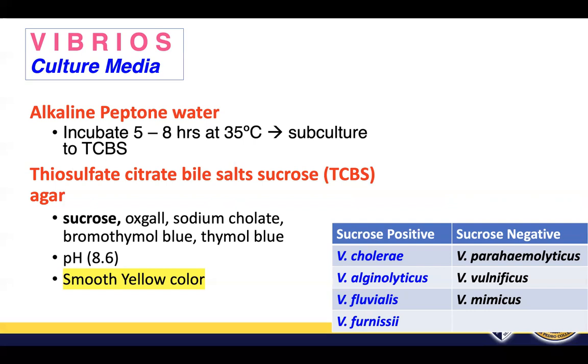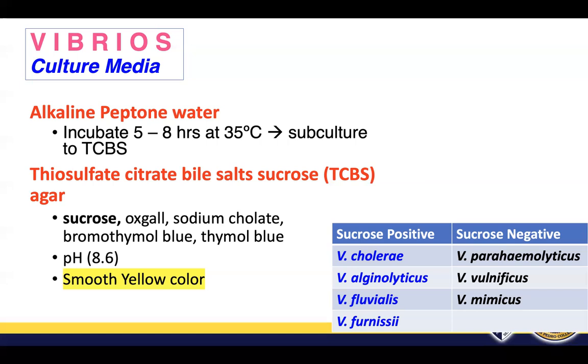The selective media that we use for cultivating Vibrios is TCBS, or thiosulfate citrate bile salt sucrose agar. It contains sucrose and oxgall. Oxgall is a derivative of bile salt.